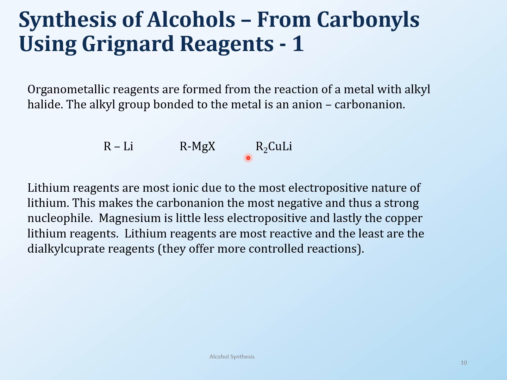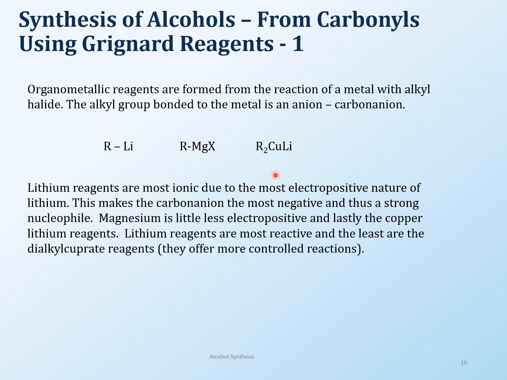And then the last reagents that we will study, not in this chapter, but I just want to introduce them to you, are the dialkyl cuprate reagents, the R2CuLi. These are a little bit different. Now you have copper, which is a transition metal, not as metallic as even magnesium. So this R group is not as strong a nucleophile, and copper lithium reagents actually give us very different kinds of products.